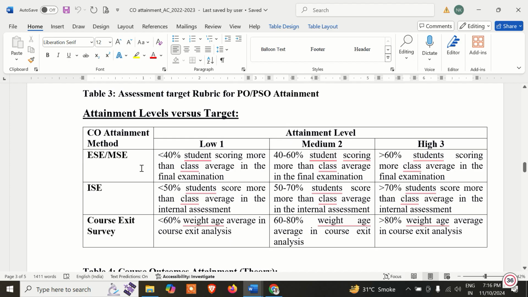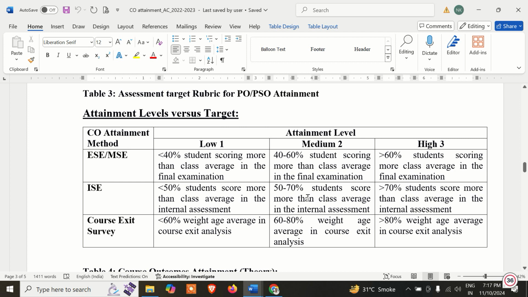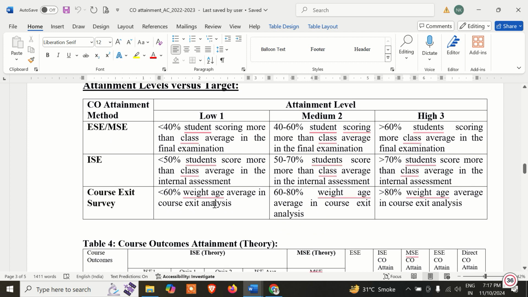The guideline says that if less than 40% of students score more than the class average in any of the examinations, it is level 1; between is 2; and if it is above 60, it is 3. However, in ISC, the bar could be slightly above 50%: 50 to 70, above 70.